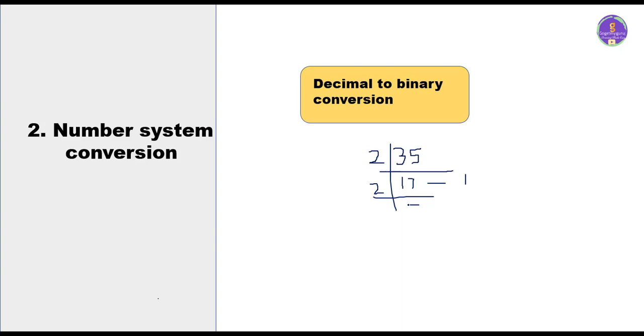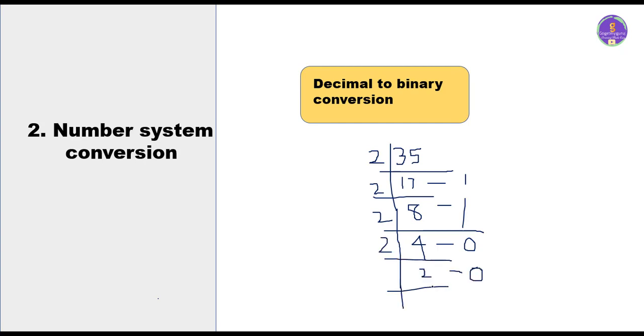And 2 8s are 16 and remainder will be 1 here. And then 2 4s are 8, remainder will be 0. 2 2s are 4, remainder will be 0 again. And 2 1s are 2. So your remainder comes 0. So this is the binary equivalent.